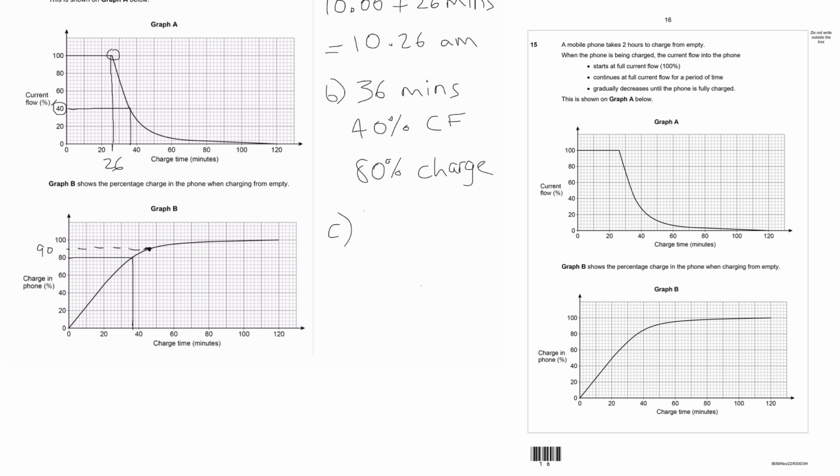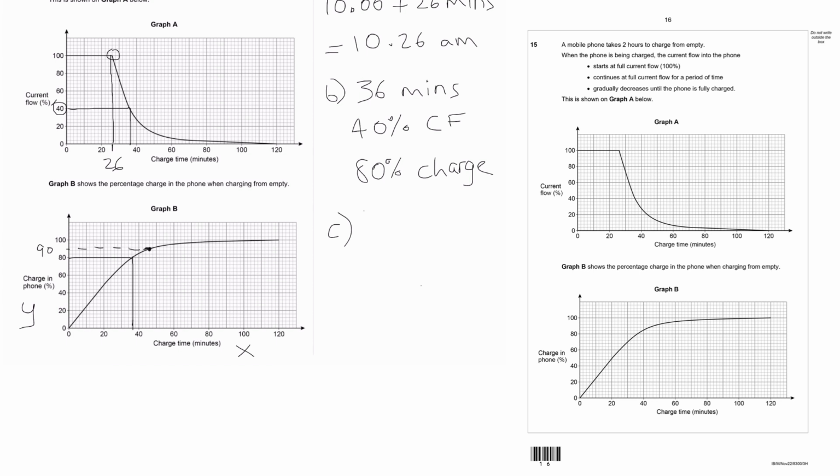So what we want to know here is estimate the rate of increase in the percentage charge when the phone has 90% charge. Well, we can do this by using the gradient, because when we're talking about a rate of increase, we're talking about the change in the charge per unit of time, which we know the gradient is y over x. Well, charging phone is y, charge time is x. And we know gradient is y over x.